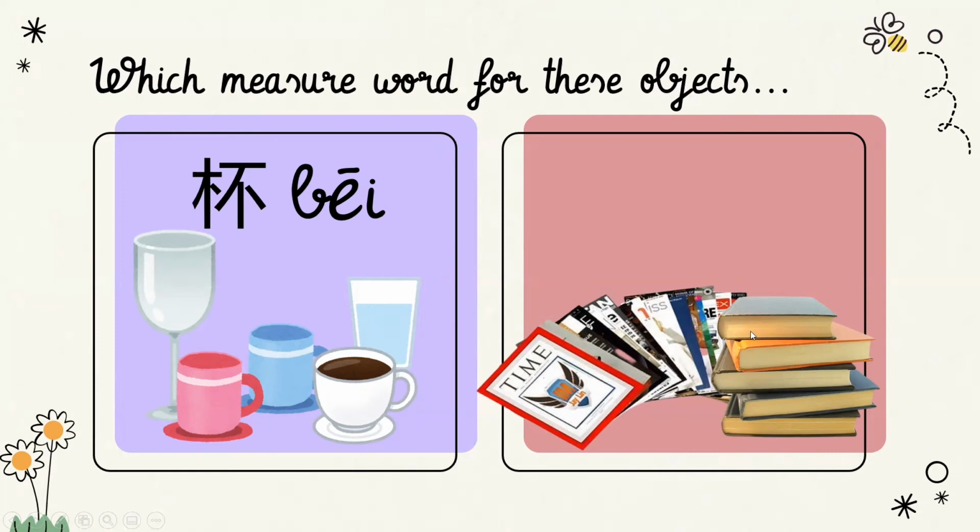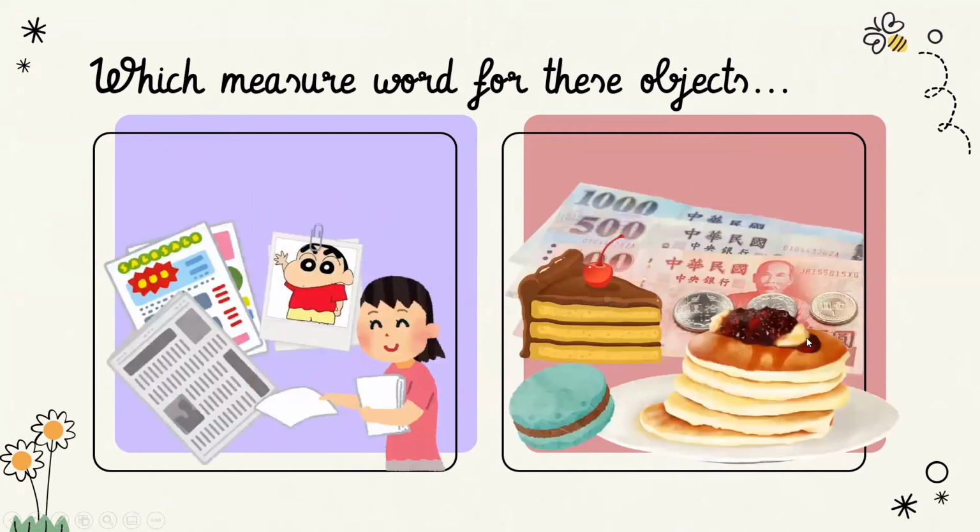The book, magazine. So what measure word are we talking about for this object? We use 本. Remember, 本 is for any kind of book. Then let's see the picture on the left side. You can see the flyer, newspaper, and the pictures, right? A piece of paper. So what measure word will we use?